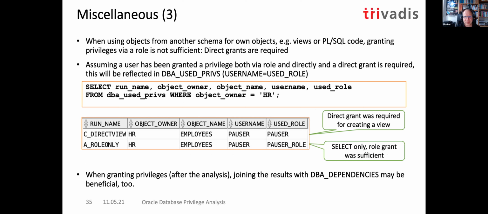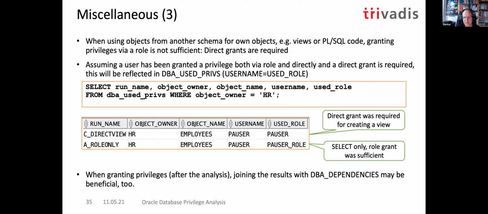Think about PL/SQL objects. You have to grant directly to a user if some privileges are required. Granting to a role is not sufficient. This will be shown in the results. Here's an example with a direct grant and a role grant.